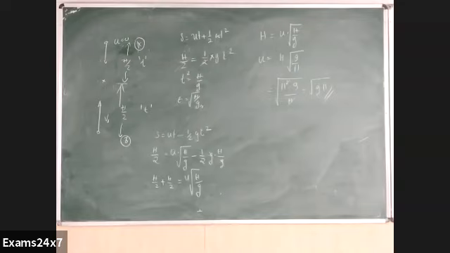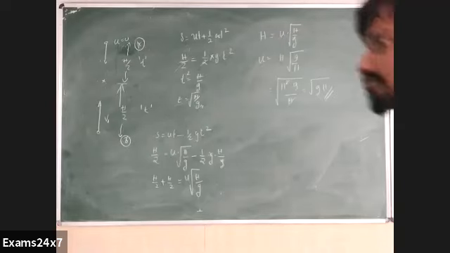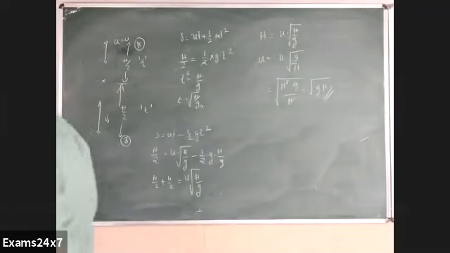A body falls freely from the top of a tower. If it covers 36% of the total height h in the last second before striking the ground, the height of the tower is, okay, fine. Height of the tower, 125 meters. Got it? Very good.